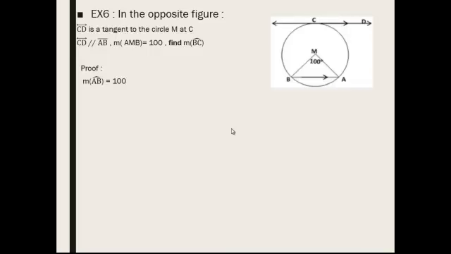Since the measure of central angle AMB equals 100 degrees, the measure of arc AB equals 100 degrees. Given CD parallel to AB, the measure of arc AC equals the measure of arc CB, equal to (360 minus 100) divided by 2 equals 130 degrees. Therefore the measure of arc BC equals 130 degrees.